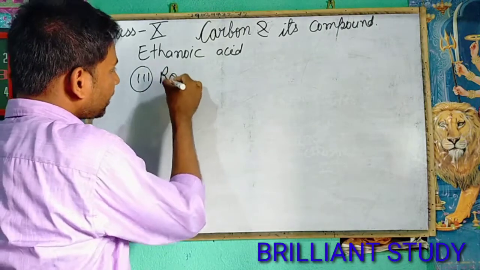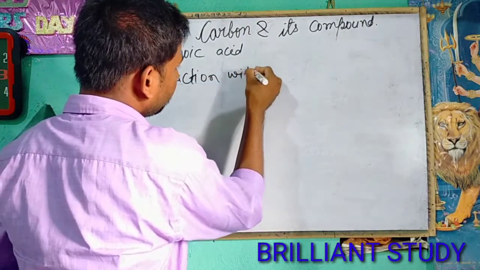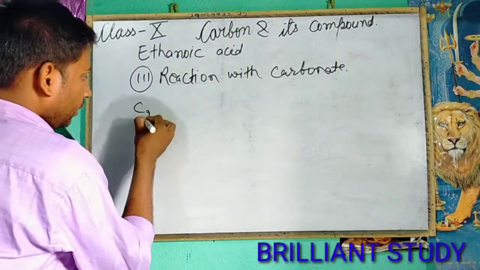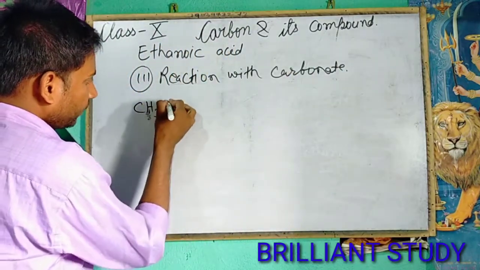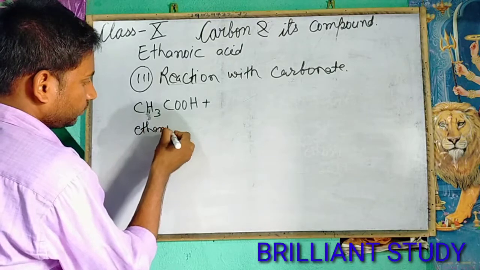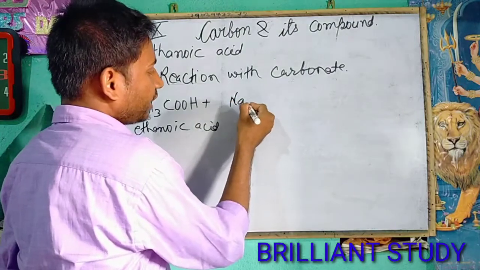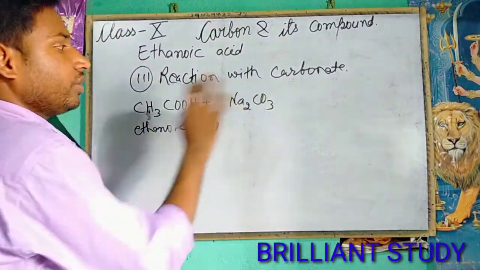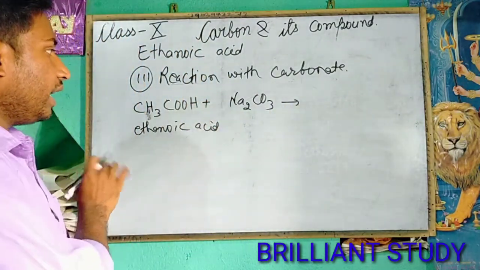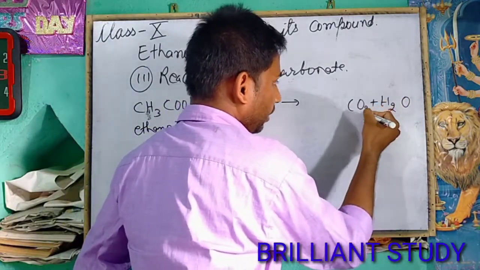The next reaction is reaction with carbonate or metal carbonate. CH3COOH, ethanoic acid, when it reacts with a metal carbonate, for example sodium carbonate Na2CO3, it will form water and carbon dioxide.